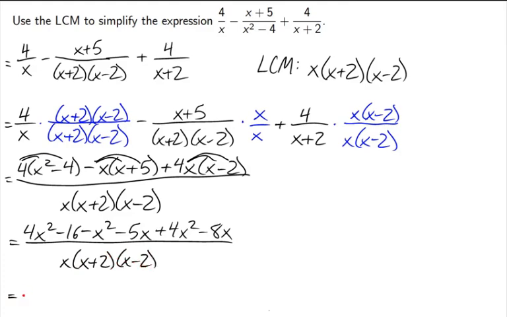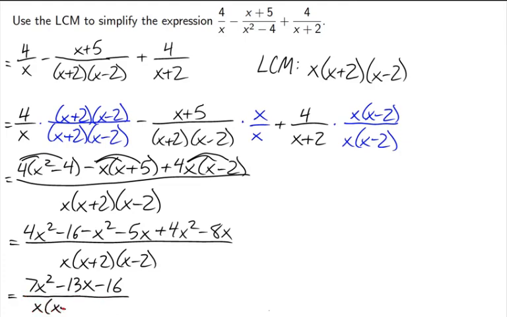So now let's just combine all of our like terms. I see a 4x squared and another 4x squared, which makes 8x squared, but then a minus x squared gives me 7x squared. I see a negative 5x and a negative 8x, so I get negative 13x. And then I have a minus 16.